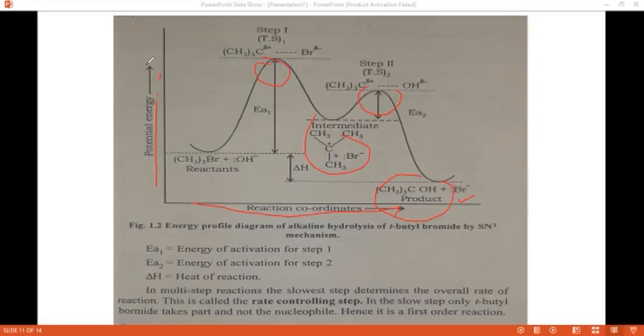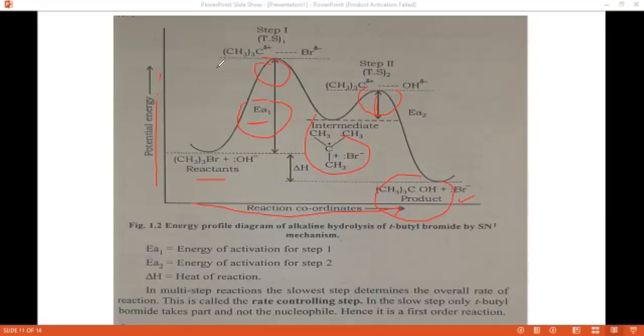The first one, EA1, is the energy of activation for the first step. And EA2 is the energy of activation for the second step.